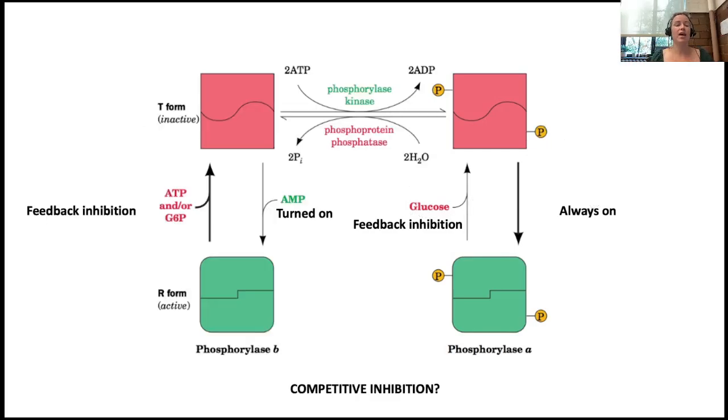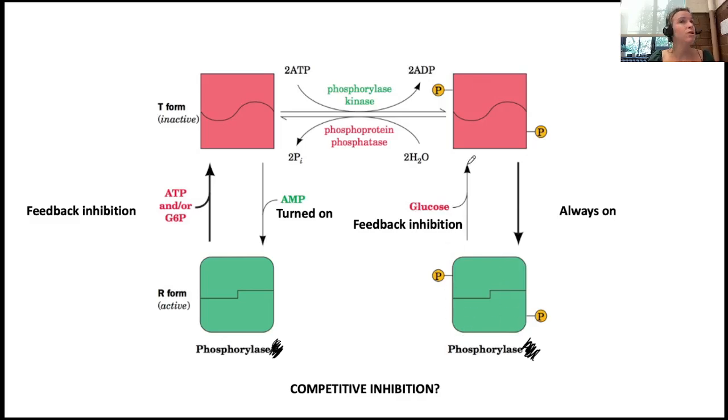And so here's the slide with kind of everything put all together. Okay, folks, we have phosphorylase. Please do not worry about phosphorylase A, phosphorylase B. We're just talking about glycogen phosphorylase. When phosphorylase is phosphorylated by the kinase, it tends to be on.